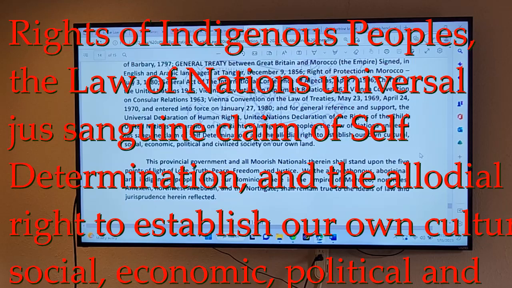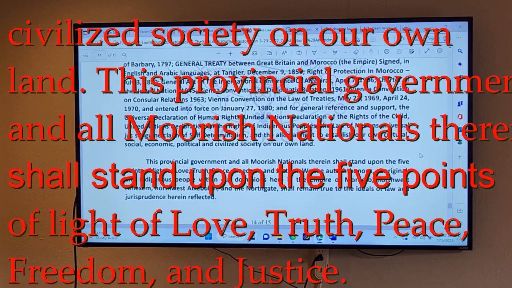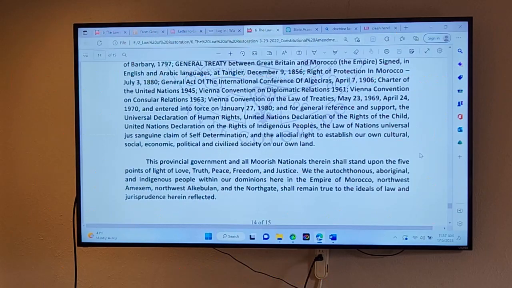claim of self-determination, and the Allodium right to establish our own cultural, social, economic, political, and civilized society on our own land. The provincial government and all Moorish nationals therein shall stand upon the 5 points of light, of love, truth, peace, freedom, and justice.